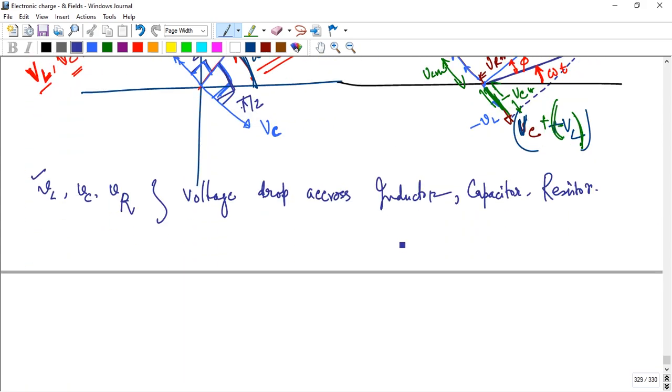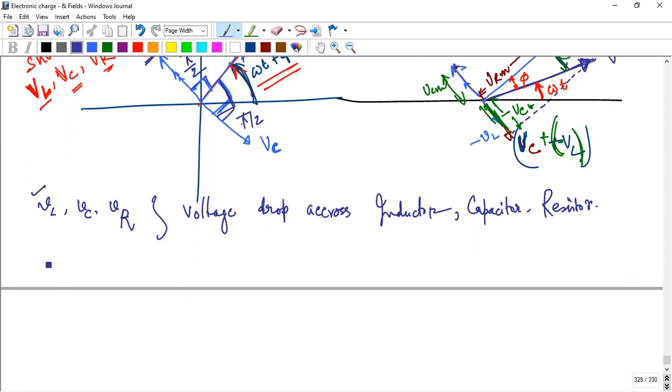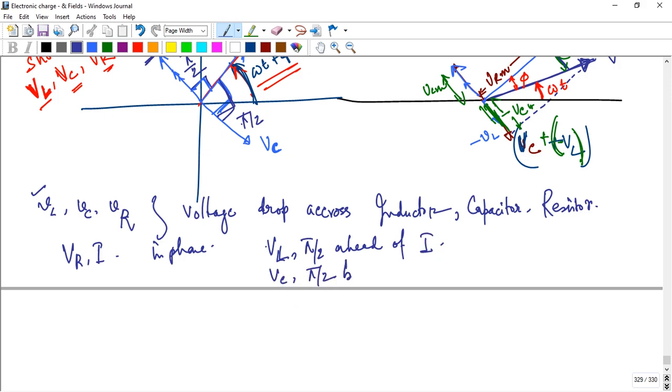Clear? So VR and I are in phase, VL is pi by 2 ahead of I, and VC is pi by 2 lag or behind I. These three I are the same.